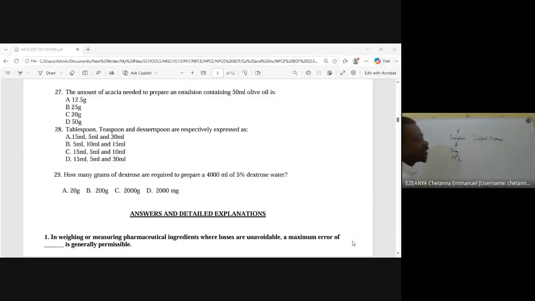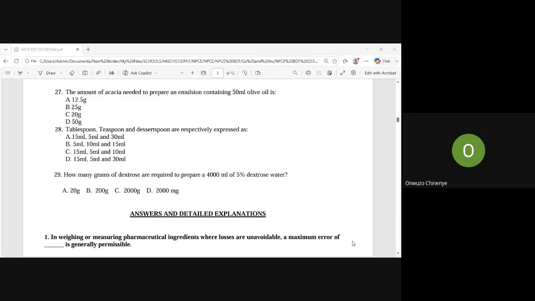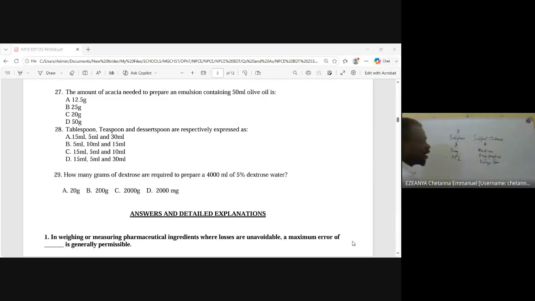While sulfur ointment is what you produce when you add other excipients. You call this medicine, some call it medication, or you call it drug product. Because you produce it from this, it's a drug product. Once you add excipient, you produce this. So it's a drug product, or you call it dosage form.